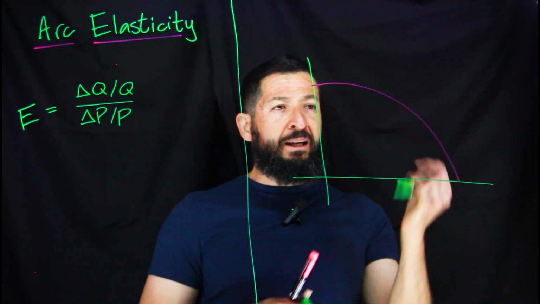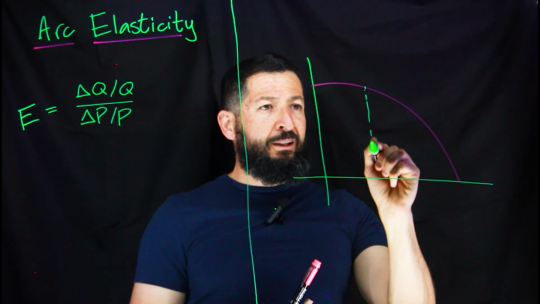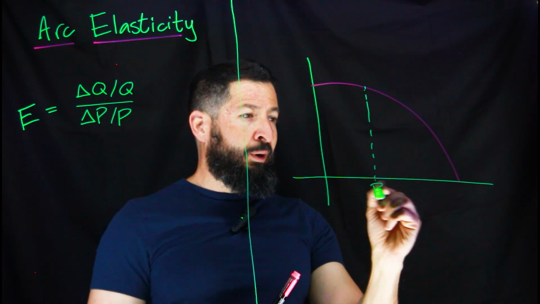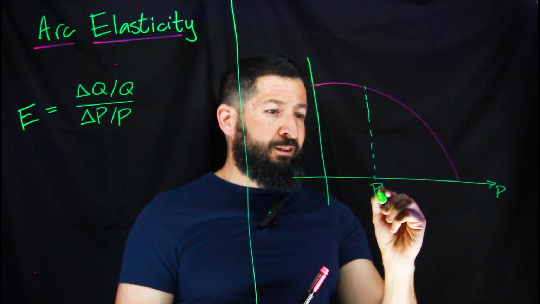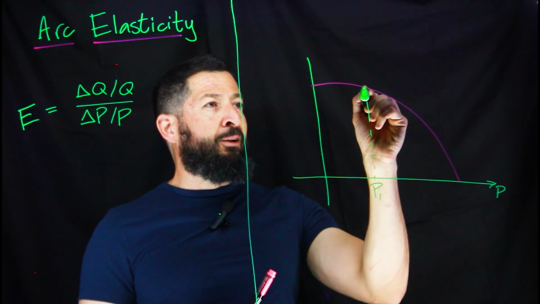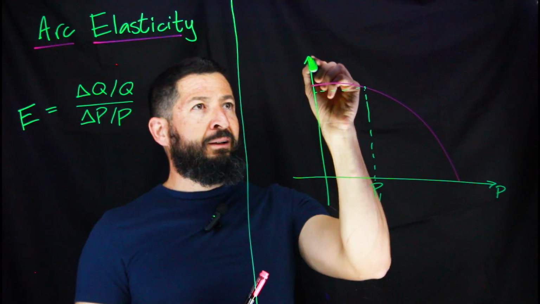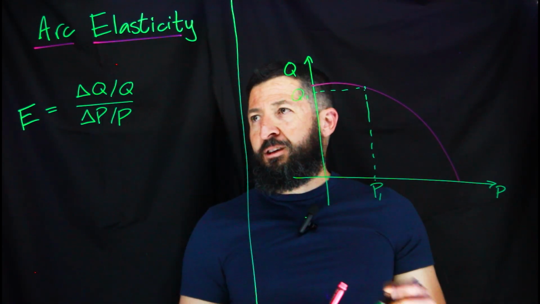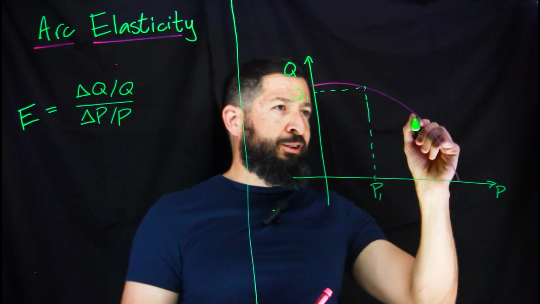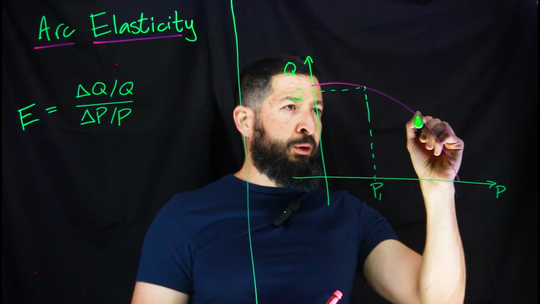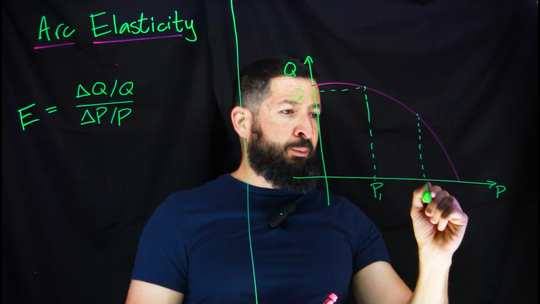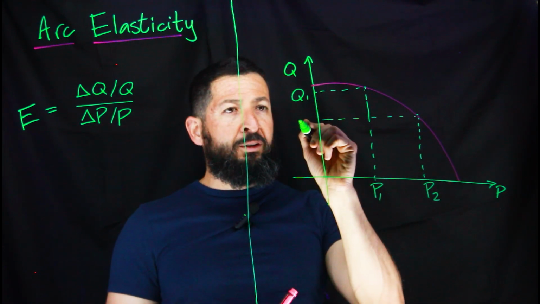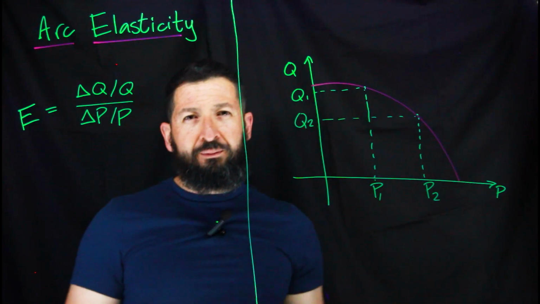When you're talking about an increase in price, you're implicitly taking this first price, say price 1, and the corresponding demand 1 as your base point. So when you compute this, you're saying, I'm going from a price 1 to a price 2, and my demand is going from Q1 to Q2.